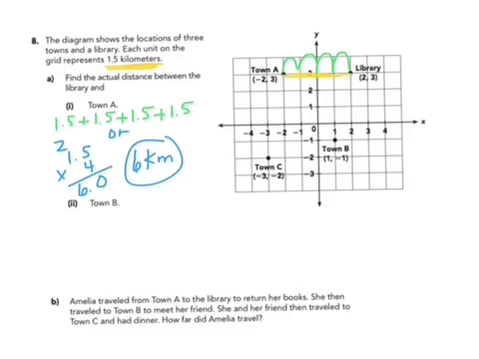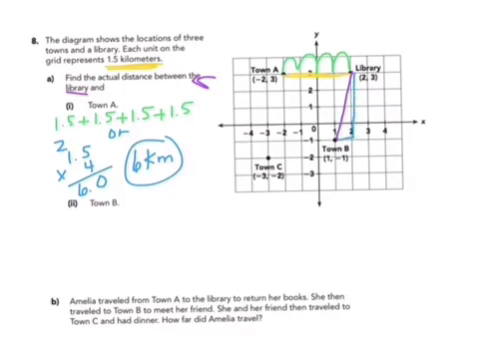Next, we have to find the actual distance between the library and town B. This is going to give us a diagonal line. Therefore, we'll have to use Pythagorean's theorem or the distance formula. It would be your choice. I'm going to do Pythagorean's theorem and make a right triangle right here.